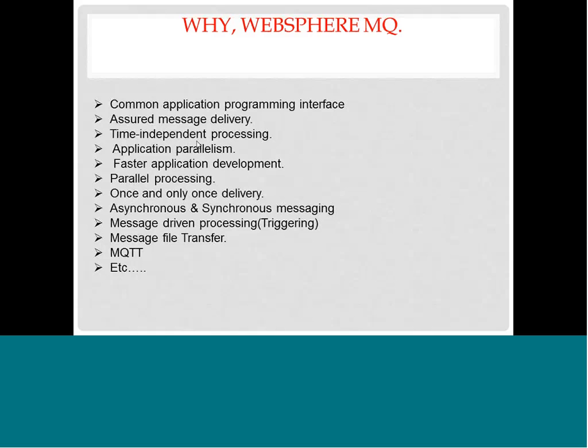In a web service call your request will fail, so again we have to initiate a new request. But with MQ, your request will not be lost. Your message will be safely stored in the queue until your B application, the destination application, picks up that message and processes it. So we are providing the assurance.